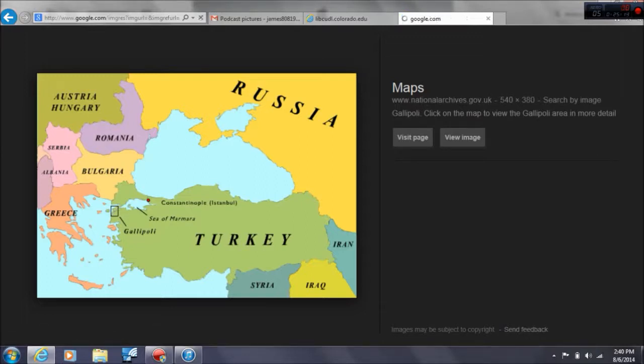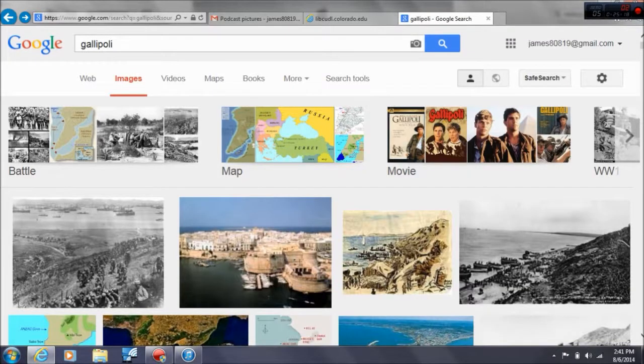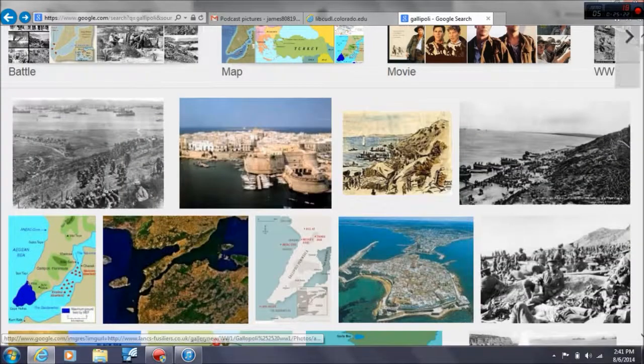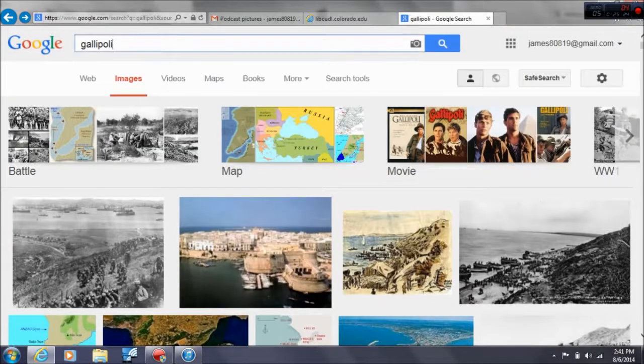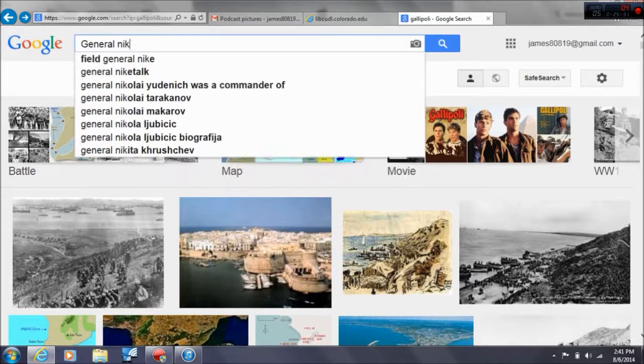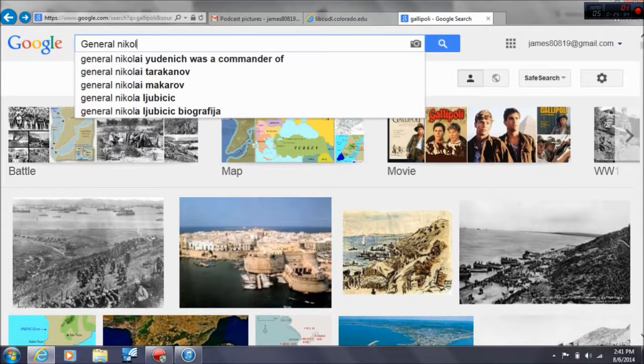Let's see if we can pull up a picture of Zhukov, just because we have the ability to. Is it Nikola?